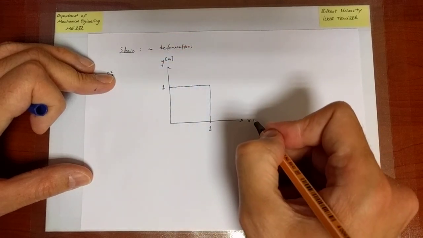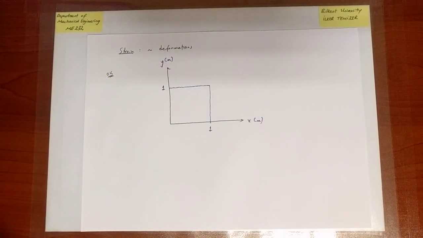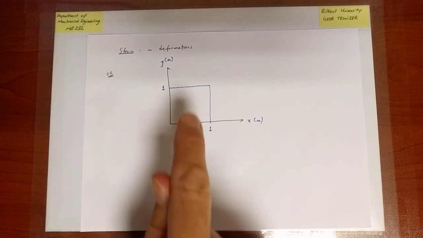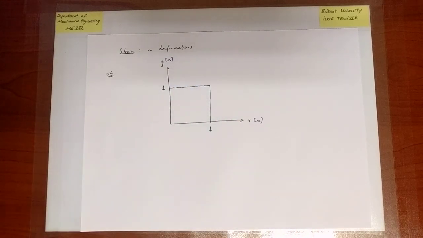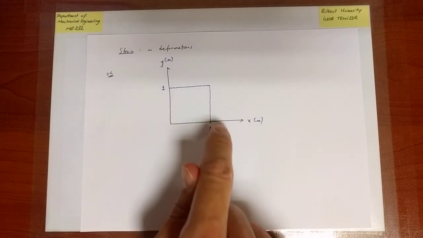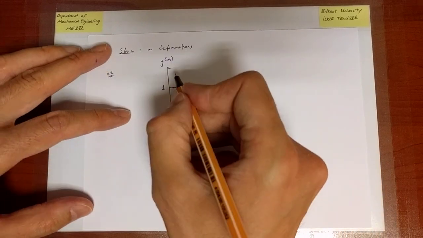All the units are in meters. Okay. And what we are going to do is apply certain forces, a stress distribution, on the surfaces of this plate. We're not depicting the third direction. And this will cause the plate to deform. Initially it is square, and after deformation, let us say that it looks as follows.